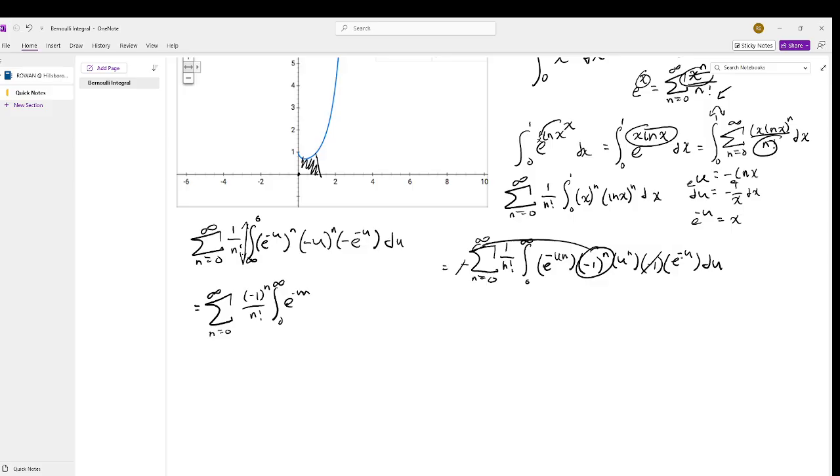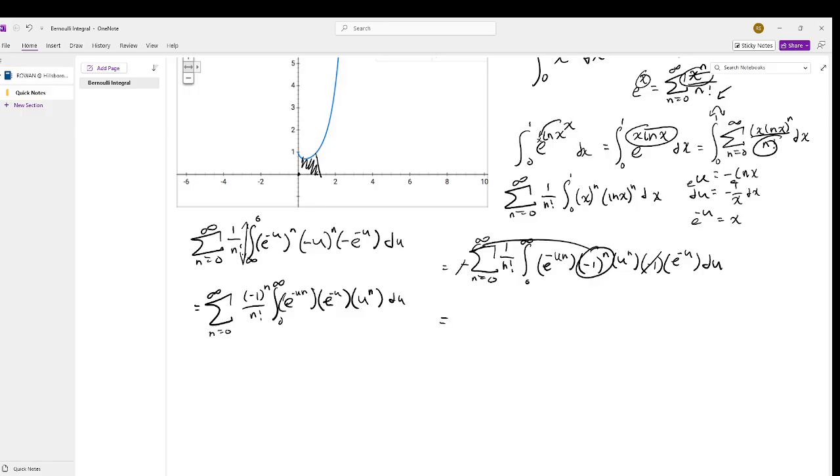I'm actually going to put this next to it. You'll see why in a second. Hold on, that's supposed to be un e to the negative u, and then of course we have u to the n du.